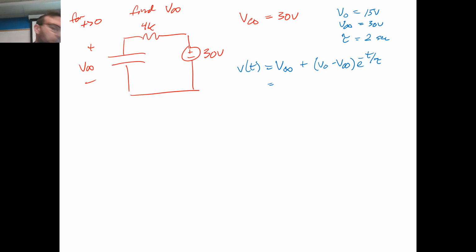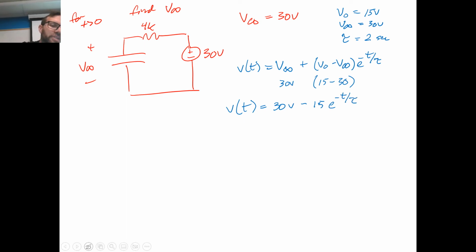Let's just point out here that V naught is 15, right? And V at infinity is 30 volts, right? So here's what we end up getting. V of t is equal to 30 volts minus 15 e to the minus t over tau.